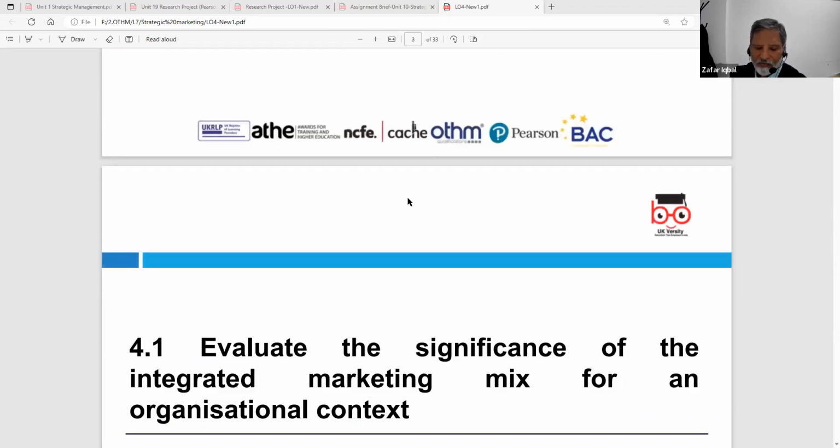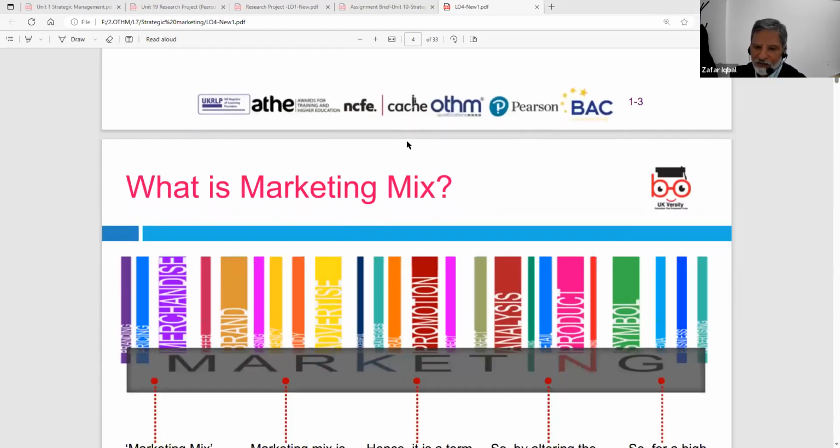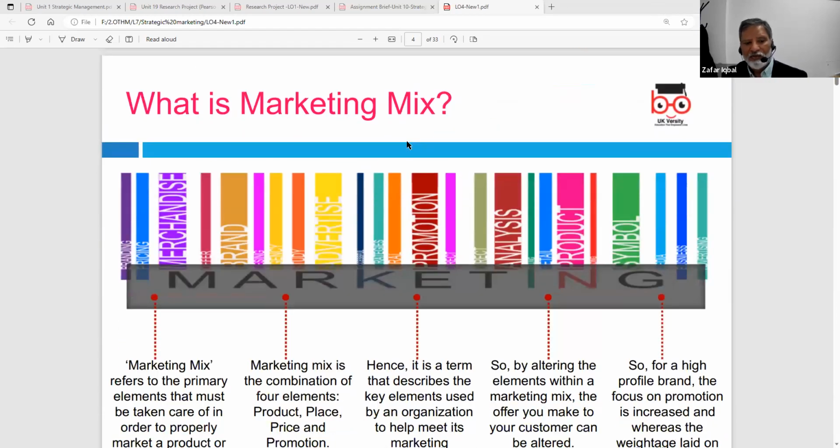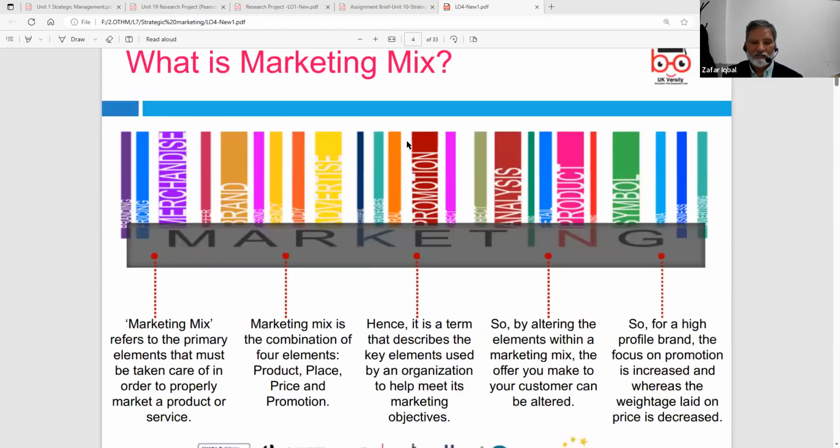So let's start with 4.1, how to evaluate the significance of the integrated marketing mix for an organizational context. Now, what is marketing mix? As you probably know, marketing mix consists of different elements of marketing: product, price, promotion, and place.